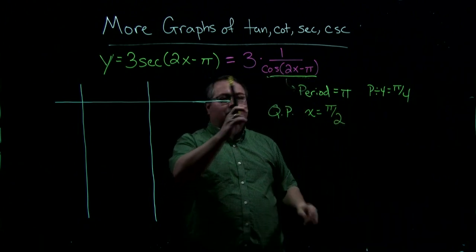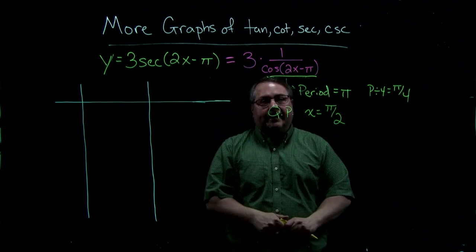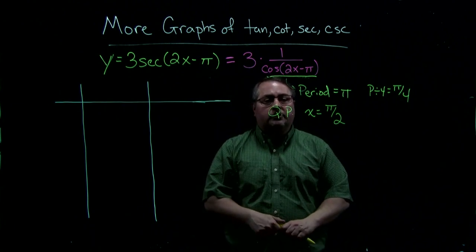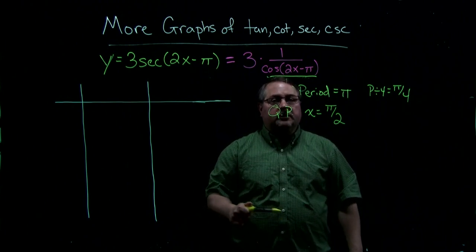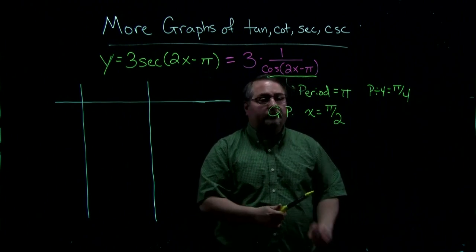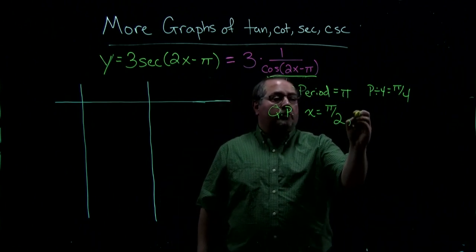So remember, when we have a bx minus c inside the sine or cosine, the first quarter point will be at the phase shift, which is c divided by b, in this case pi divided by 2. The next one will occur after 1/4 of the period.